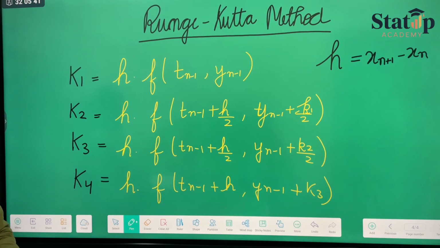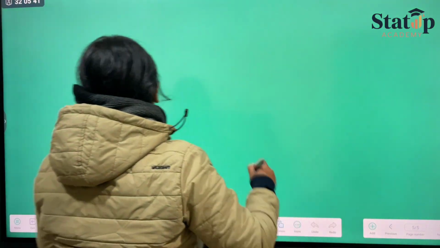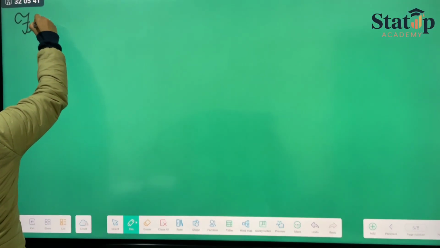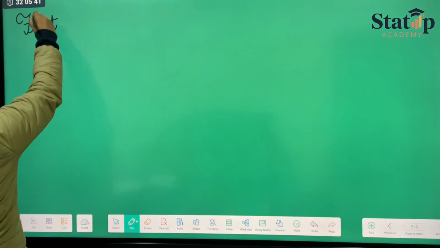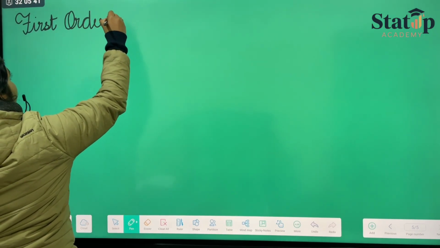Now if we want to solve the question, there might be four orders. If the examiner says to solve this question for the first order of the Runge-Kutta method, then what will be your formula?